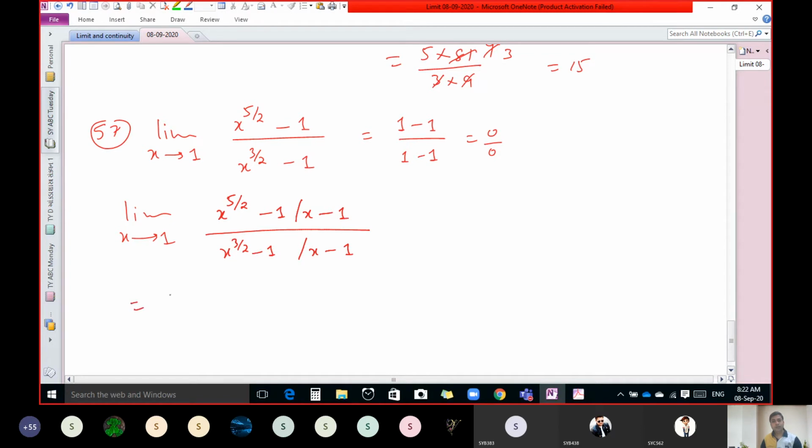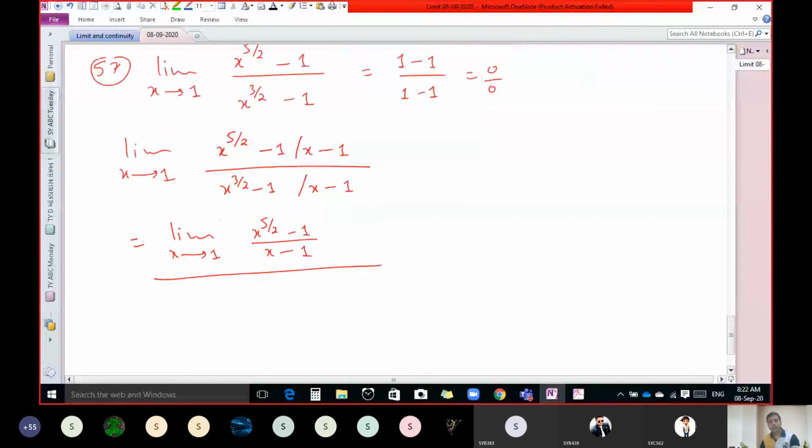Now you can take a separate limit of the numerator as well as the denominator. You just have to take separate limits. And after that only one simple step is required.